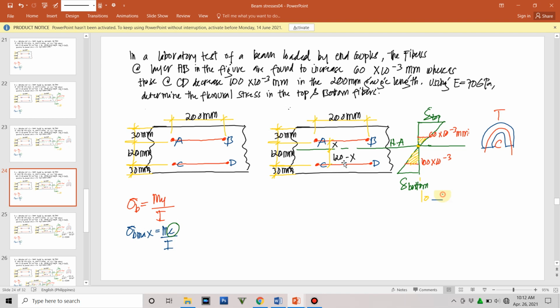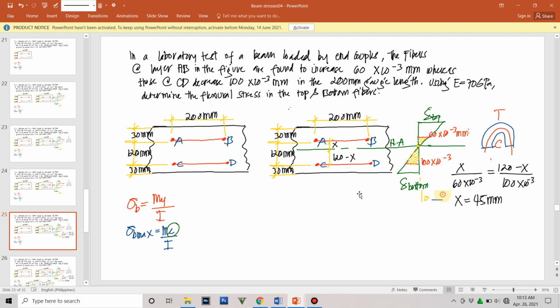So the expressions of the upper and lower use a single variable only. Otherwise, we cannot simplify our equation. Okay, so x is the upper dimension of this shaded portion, and then 120 minus x is the lower dimension of this lower triangle.